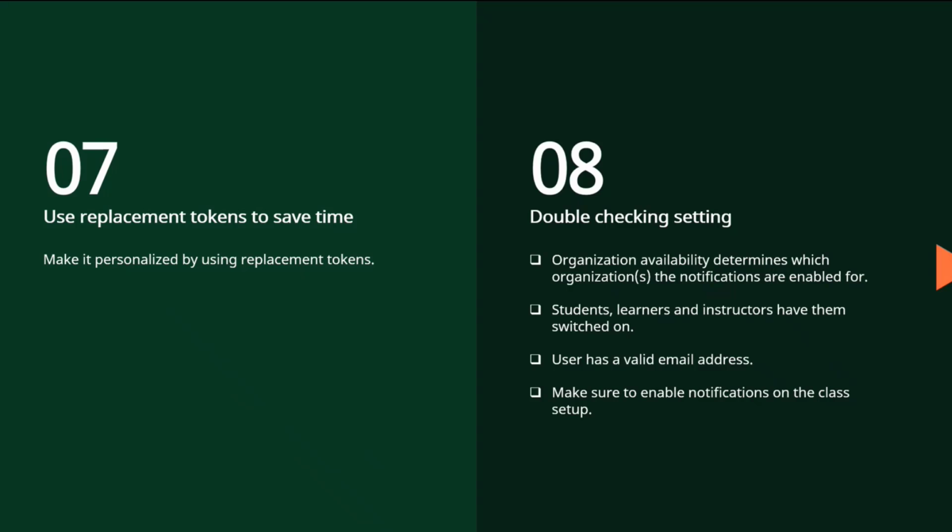Student name's Bev. So it's going to say, hello, Bev. It's going to look to see what class has been cancelled, and it's going to find the class name, and it's going to say, your class, Microsoft 101, has been cancelled. And so when you use replacement tokens, it really does allow you to make that information very relevant and very specific.